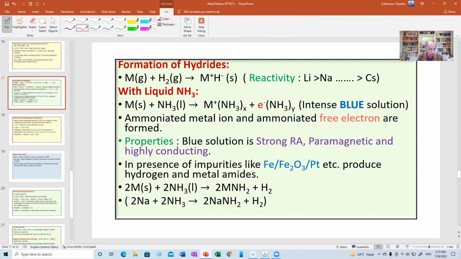In inorganic, we call it metal amide, where the metal goes from 0 to +1 and hydrogen from +1 to 0. This is a redox reaction, right? So this is metal amide. Only when you add some impurities, some catalysts, or you can wait for a longer time, then there will be a slow reaction to give you hydrogen gas and the blue color will vanish.